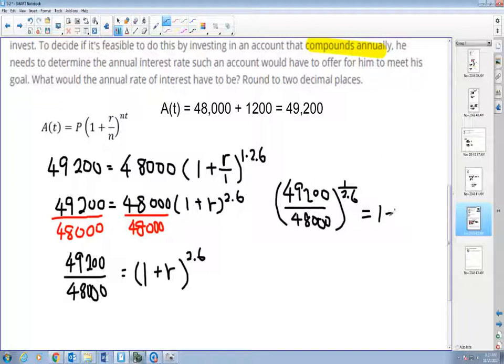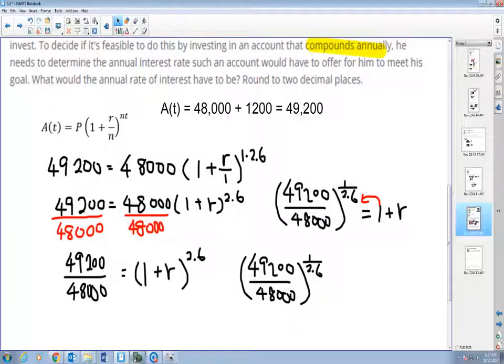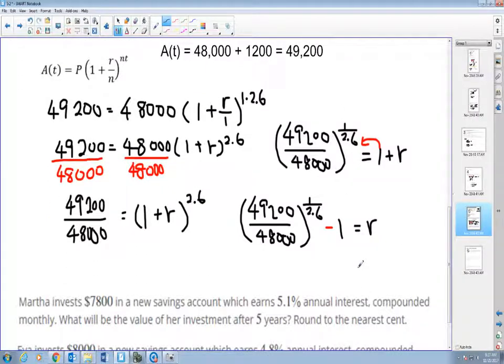To get r by itself, I will move my positive 1 over. So what I should have is all this minus 1 equal to r. Round to 2 decimal places for my r.